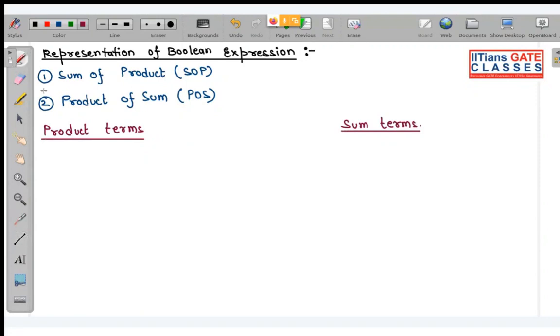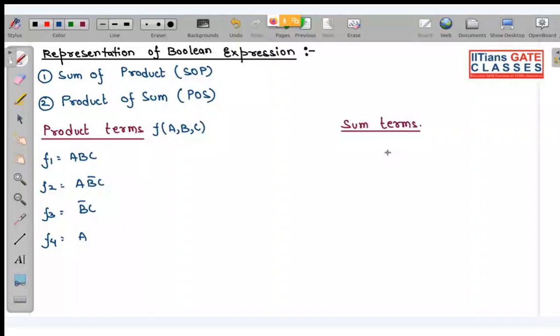So a product term, if it is 3 variable, I am talking about if functions are a, b, c, it consists of 3 variables. So product terms can be like this, or it can be simply b complement c, or it can be even a single term. So these are your product terms.